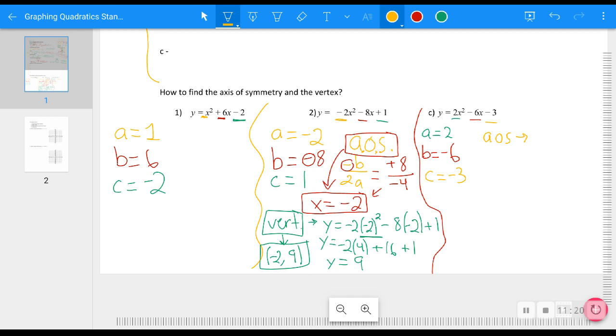So a -6 is going to be a positive 6 over 2a, and a is 2, so 2 times 2 is 4. So that's going to equal, if we simplify it, 3 halves. So our axis of symmetry is x equals 3 over 2.